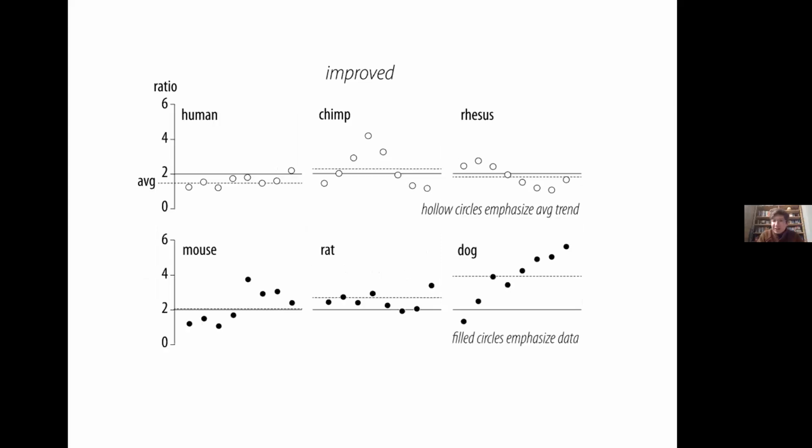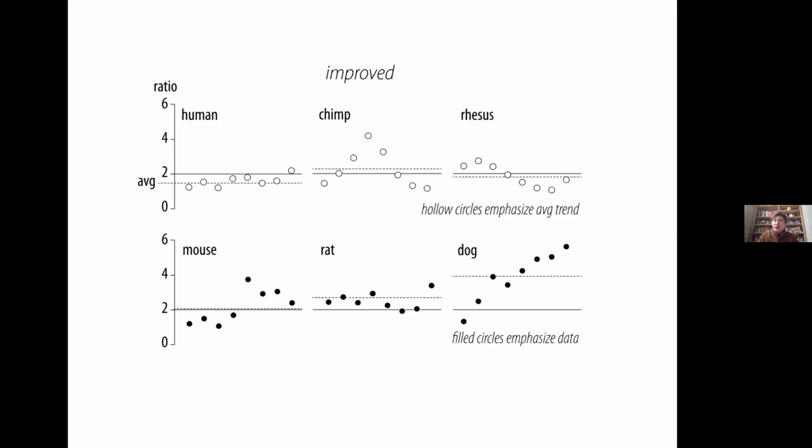Now, again, don't worry about any of the values here, but we have this baseline value indicated by 2 on the y-axis. But with the hollow circles, we're emphasizing the trend, those lines, and with the filled-in circles, we're emphasizing the data.